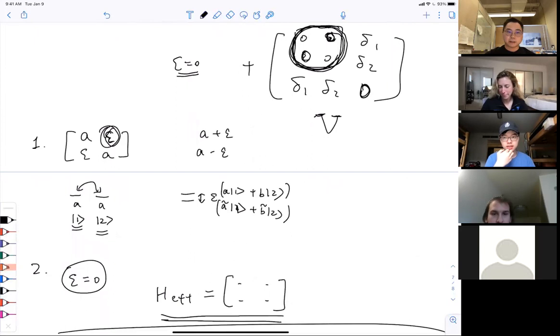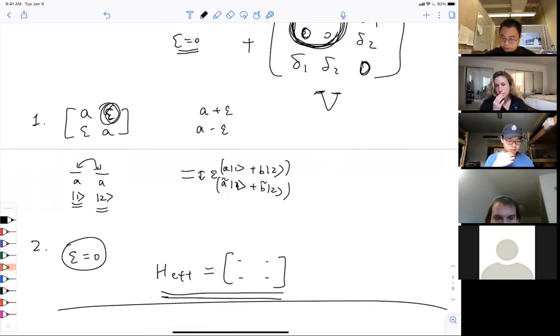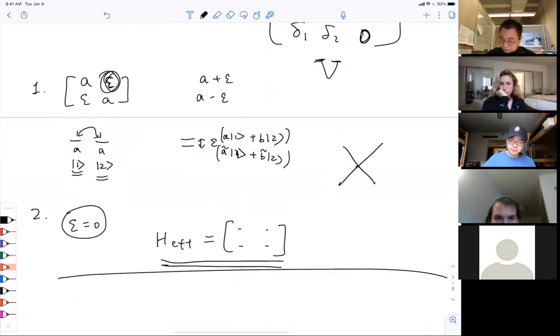Okay, so you're asking a general question: how do we know in general whether the perturbation lifts the degeneracy or not, right? That's right. That's a very interesting problem. Basically, when you have some degeneracy that is not removed, there must be some robust thing protecting it. Usually this is related to symmetry.